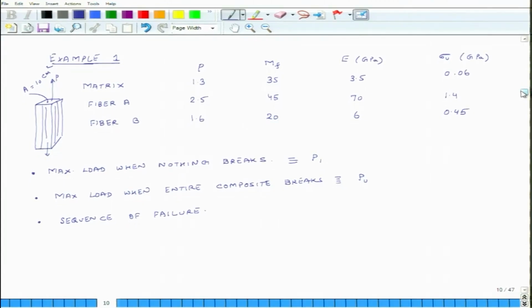To do this problem, first we have to compute the volume fraction for all these components. What we are given is mass fraction, and earlier we had developed an expression for volume fraction. We also compute the density of the system.